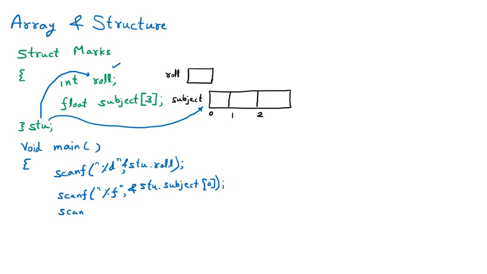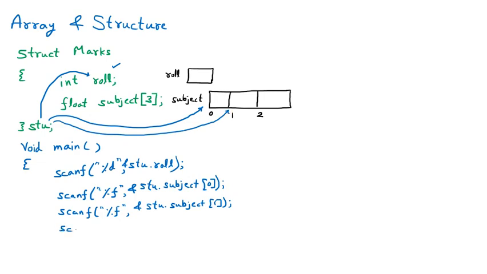Then again we will write scanf %f for the float value, address of stu dot subject 1. So there, with the help of this, we are going to access the next element.